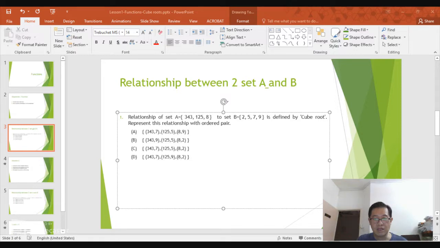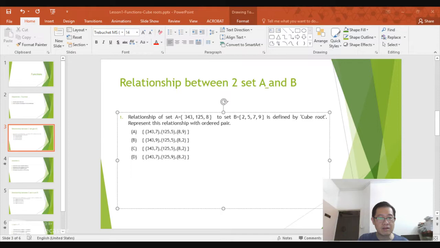So the set A value 343 means 7 times 7 times 7, which gives you 343. This part of A is correct.